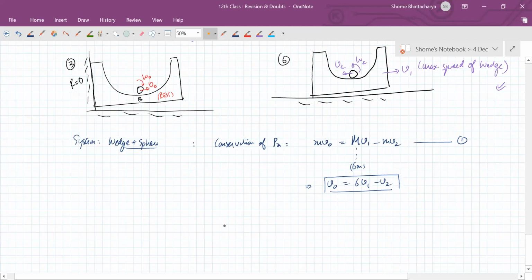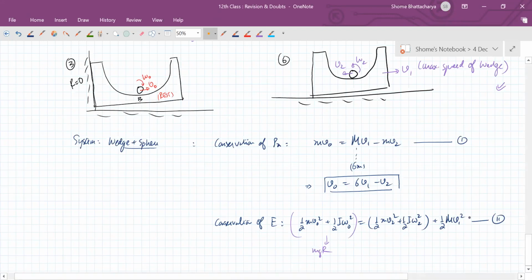Okay, and we will do energy conservation. Mechanical energy. So this becomes our second equation. Now in this we can substitute this term. This term can be just substituted as mgr only.